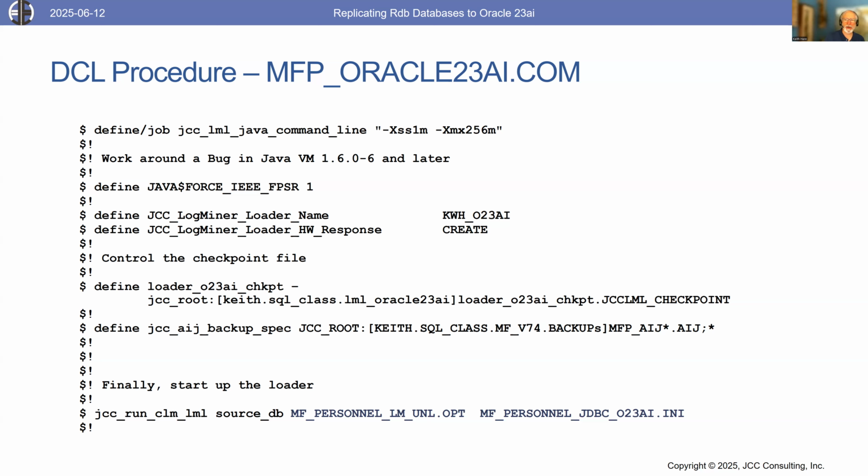And the checkpoint file keeps track of where we are so we can restart in the same place. I've got a logical name that points to the directory that contains AIJ backups, and that is also used for restart. So it allows us to restart not just in the AIJs that are actually live on the database, we can start in the backed up AIJs. And then the command to start up the loader, the JCC run CLM LML command.